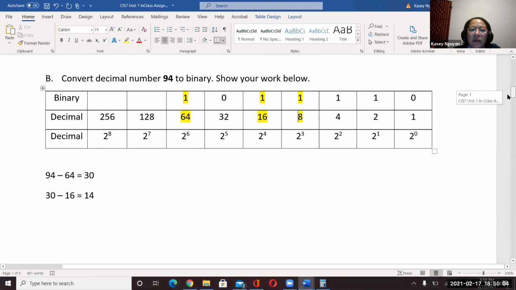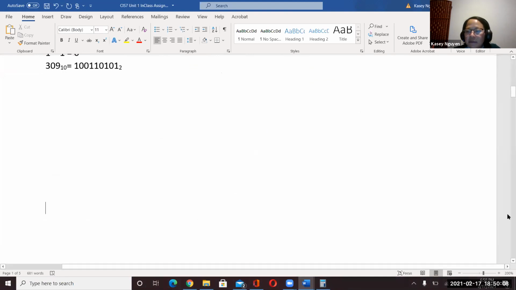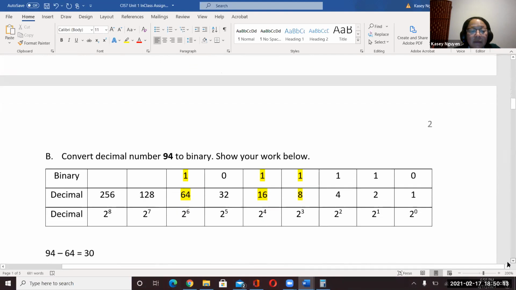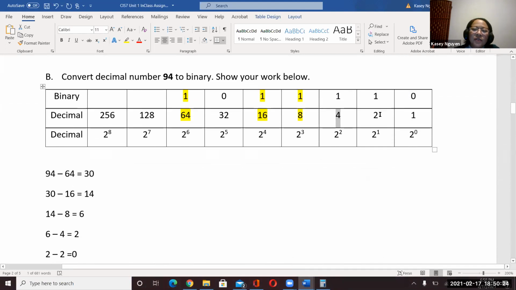Let me move it to the next page so you can see all together, okay? So 14 subtract 8, you have a 6 left, 6 subtract 4, and then you should have a 2 left, and then 2 subtract 2, and you have 0 left. So your binary is 1011110 for 94 in decimal.